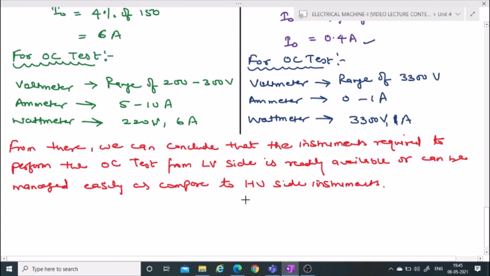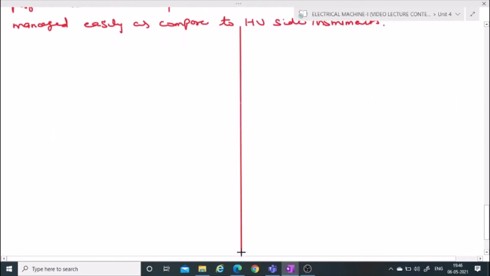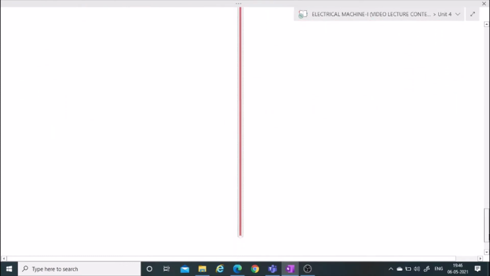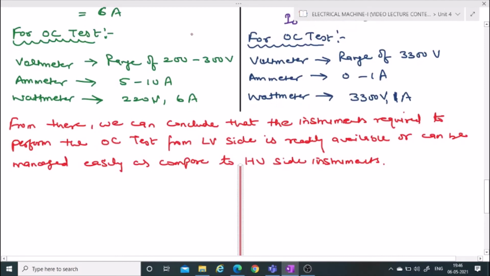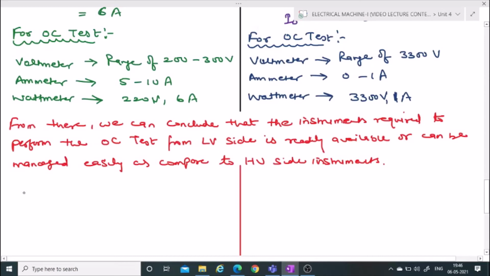Now similarly we will do it for the SC test. अब SC टेस्ट की बात करते हैं. ठीक है, for the SC test. Now, if we are performing the SC test from the low voltage side, in the SC test we give a reduced voltage.